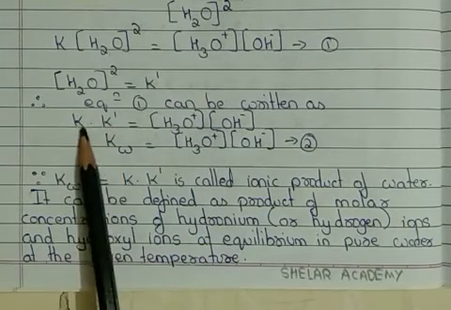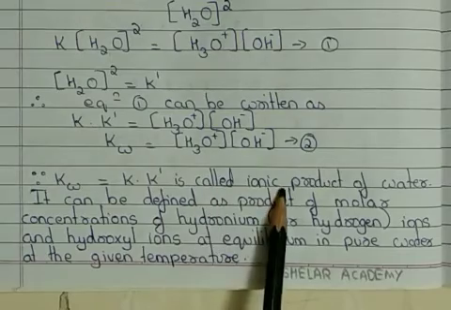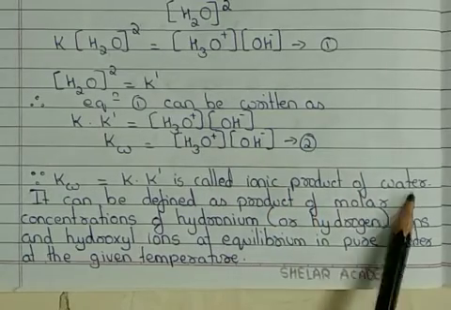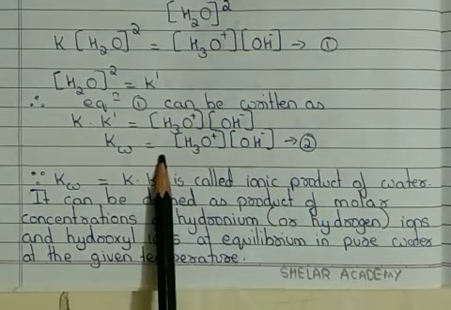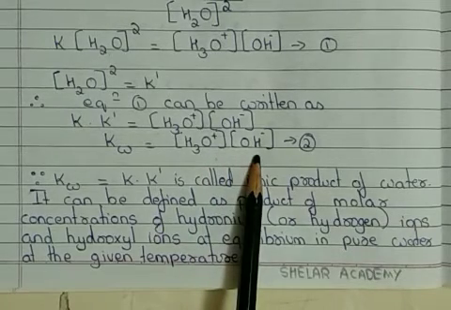Now, K into K' can be written as Kw, where Kw is called the ionic product of water. So we get Kw is equal to concentration of hydronium ion into concentration of hydroxide ion.